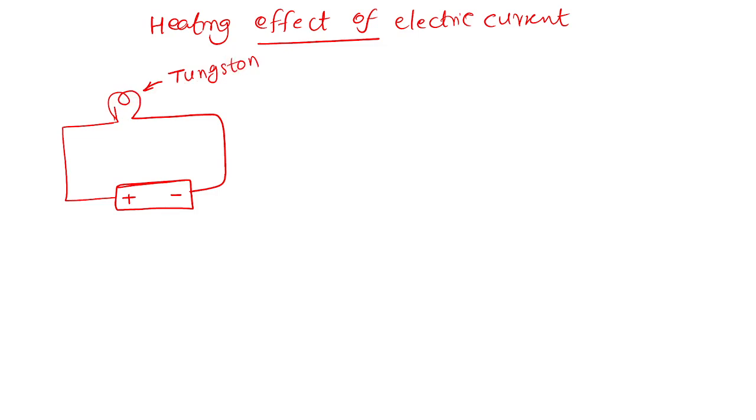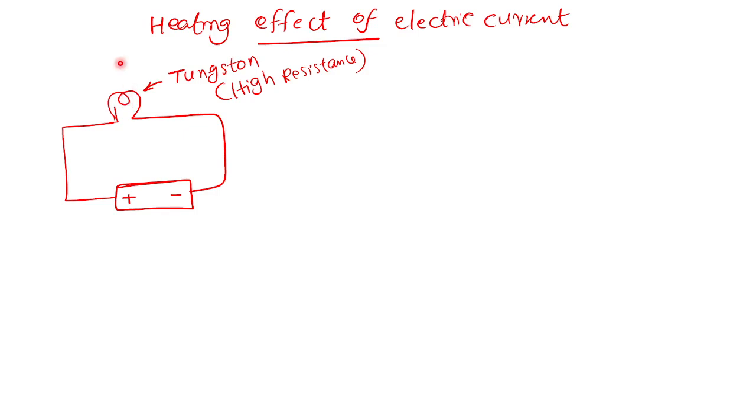The tungsten has high resistance. High resistance means the current finds it very difficult to pass through the tungsten element. The electrons find it very difficult to pass through the tungsten filament.